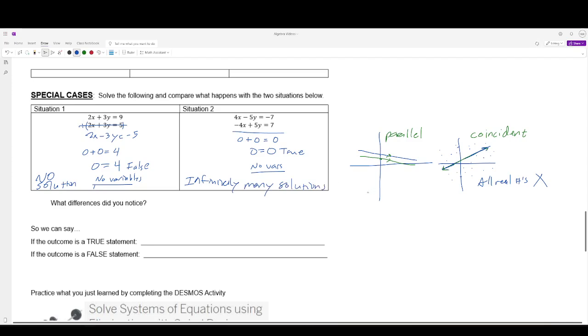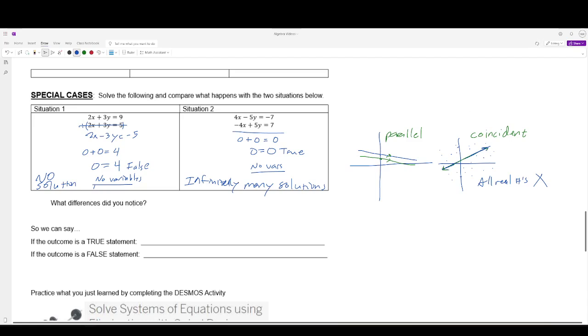So it's not really specific about what those solutions are. It's just every point that's on this line. So infinitely many solutions is kind of our key phrase for coincident lines, where every point on the line is a solution to the system.